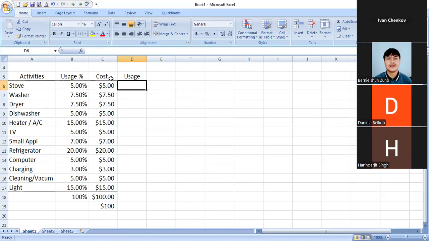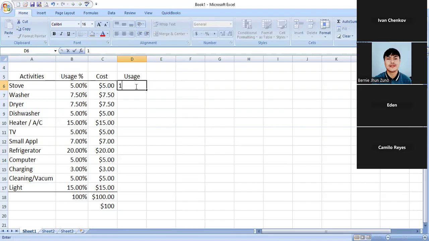Let's focus on the transaction driver. How many times are you using the stove per day? 2 or 3 times. Let's stay with 3 times. How many days do we have in a 2 month period? 60. 60 times 3, 180.